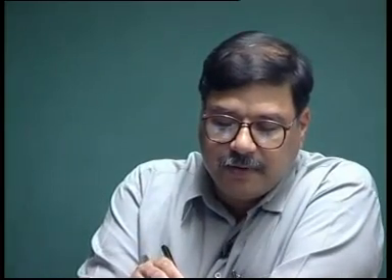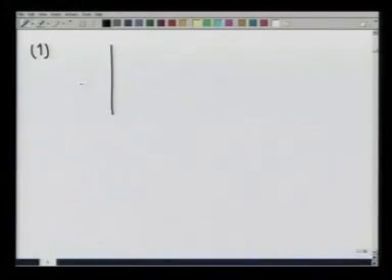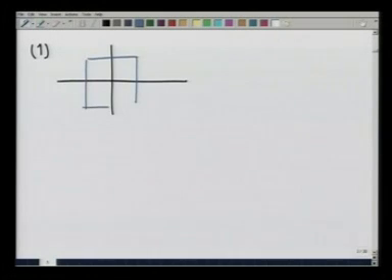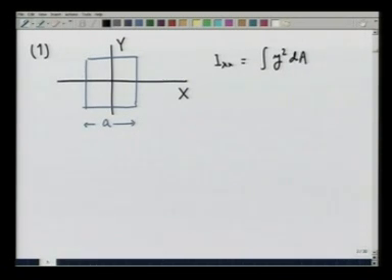As the first example, I take a square of side a and calculate for it the moment of area about the x axis and about the y axis and its product of area. I xx is equal to, by definition, integral y square dA.